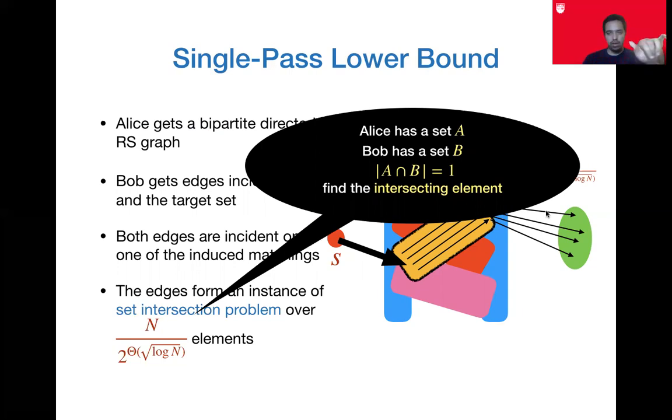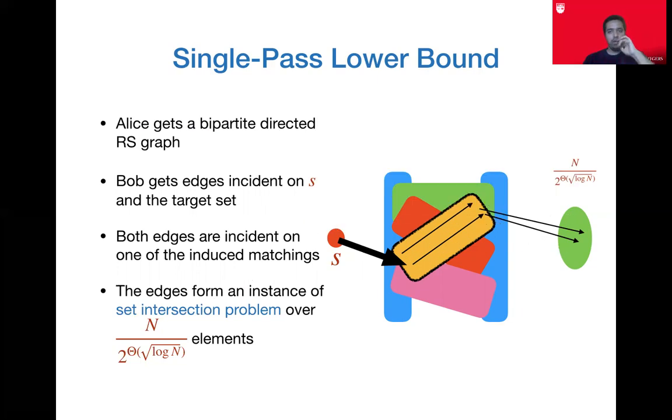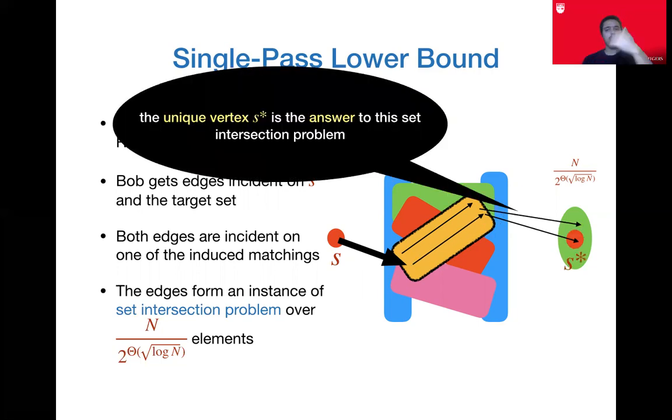There is just one edge that is intersected by both. Basically, the edges look like something like this. And if you now see, from S there is just one path, now that we use the inducedness of this matching, that will take this edge and will bring it to this vertex here. And this is going to be our S star vertex. The unique vertex in this set that we talked about is basically just the answer to the set intersection problem.